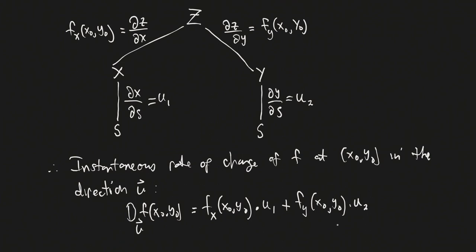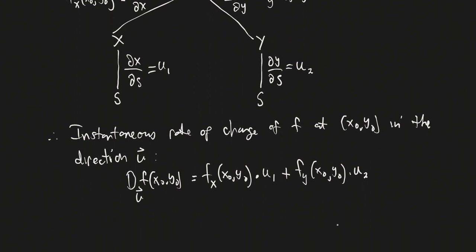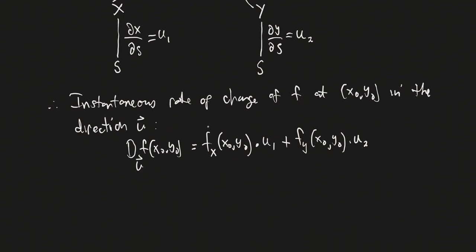And this is our alternative thing. So let's just kind of summarize. This is our alternative formula for finding the directional derivative of a surface at a particular point.